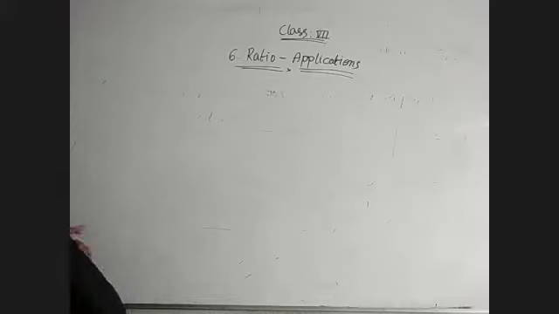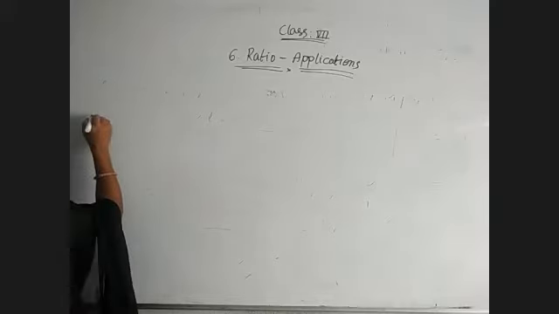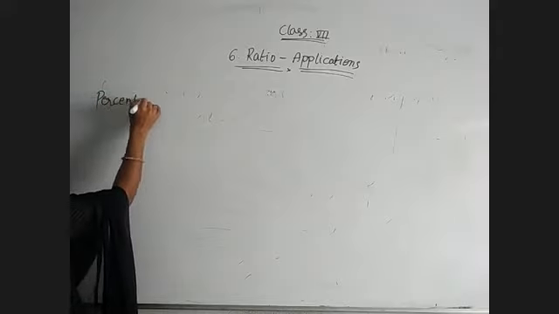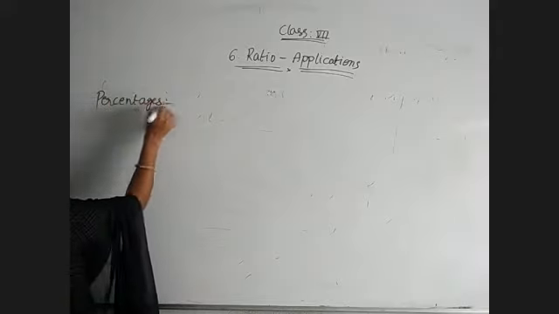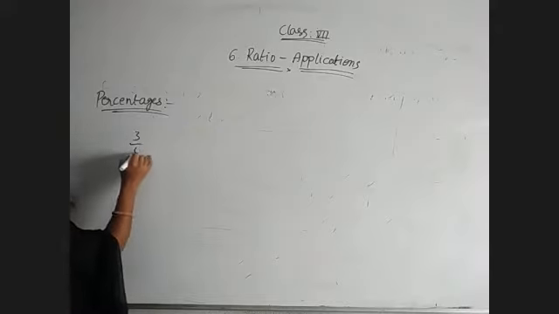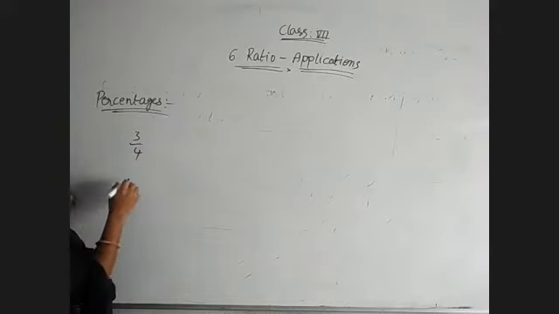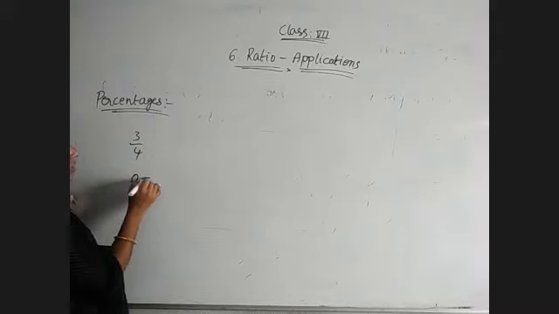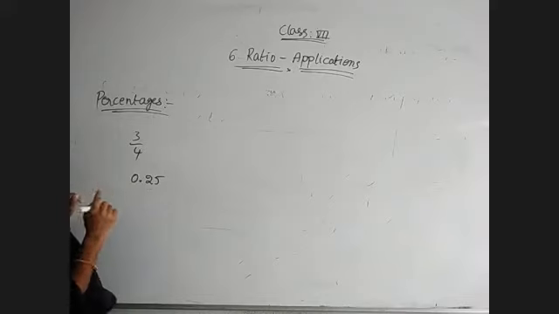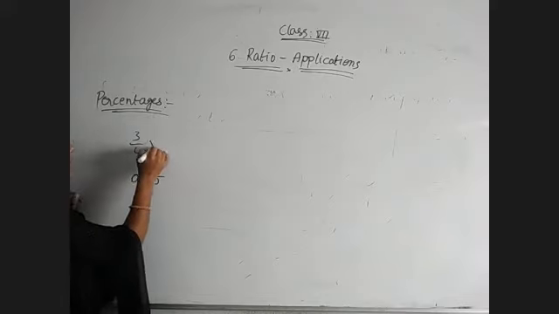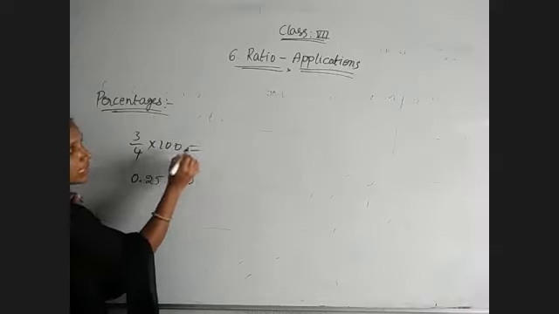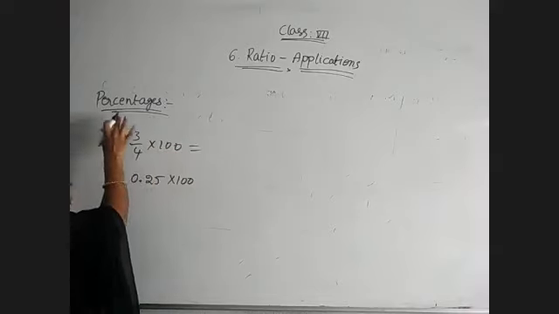So coming to percentages, if they are given in fractional form or decimal form, in that case we need to convert those values into percentages by multiplying with 100. Percentage deals with only 100, meaning out of 100.